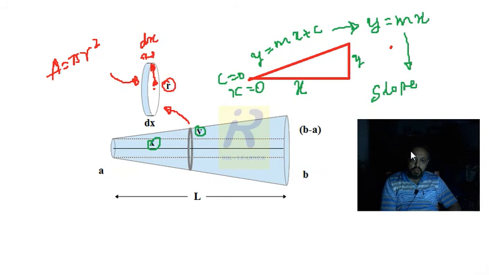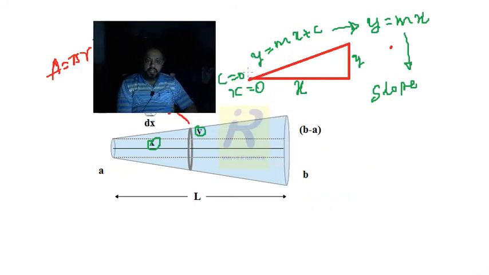How can I find the slope now? See the convention how I may use now. On this side this is b minus a, and on this side this is 0. So, y equals 0 at this point, and at this point it is b minus a. Therefore, the slope m equals delta y by delta x.